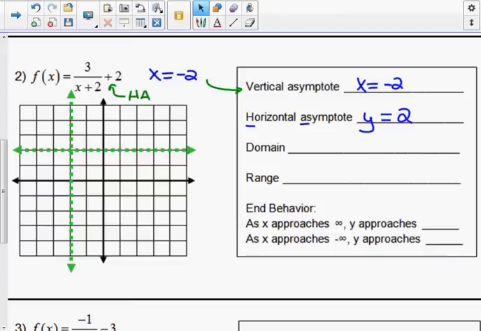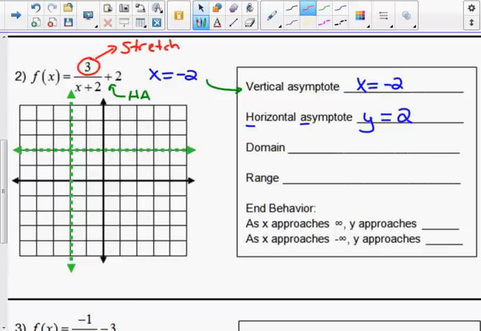Now what's different about this example from the first one is that this one has a stretch, which means that we're not going to plot one point, we're going to plot 2 points per branch. So to do so, we're going to recognize first of all that the stretch is 3.